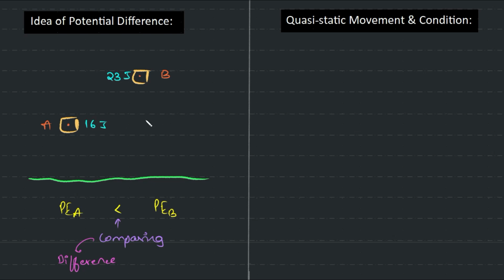Now the difference is 7, right? So the difference between the energy at point B and at point A is 7. So that is your basic idea of potential difference, right guys?